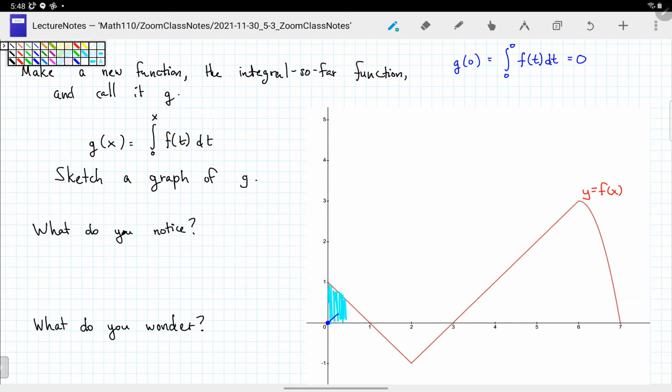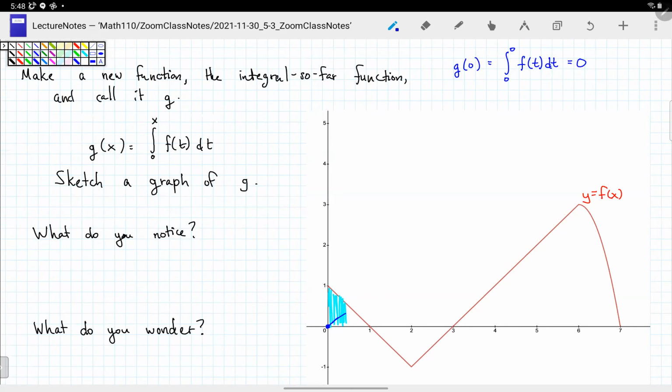So my g function is increasing, but at a decreasing rate. My slope is getting less and less, so g should be concave down here. And I get up to g of 1, which was 1/2, if you recall.